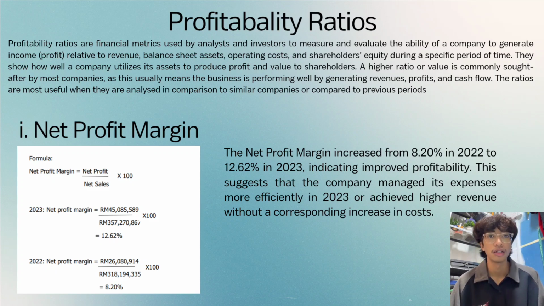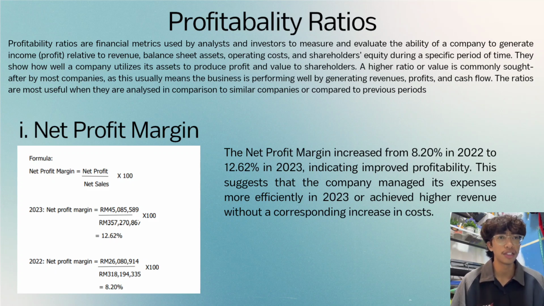The ratios are most useful when they are analyzed in comparison to similar companies or compared to a previous year. Now let's look at the first thing, net profit margin. For the formula, net profit margin is net profit divided by net sales, and then we multiply it by 100. For Hup Seng company 2023, the net profit margin is 12.62%, and for 2022, the net profit margin is 8.20%.